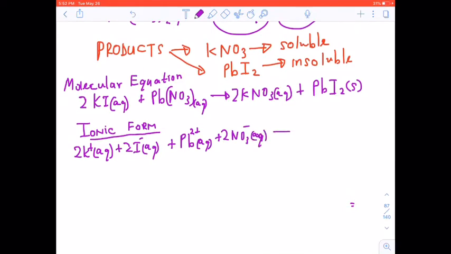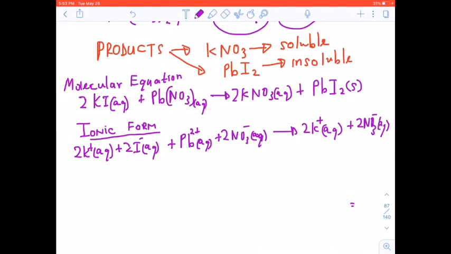And that gives me 2K plus aqueous plus 2NO3 minus aqueous.